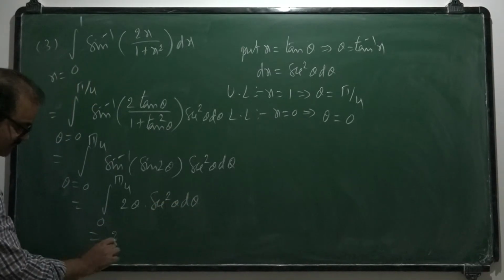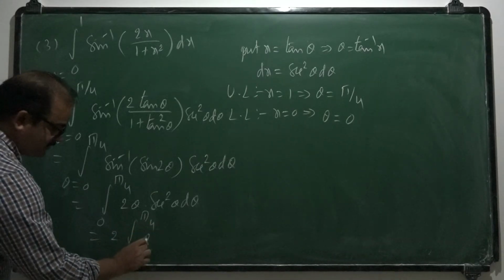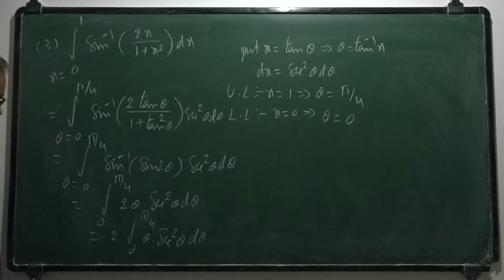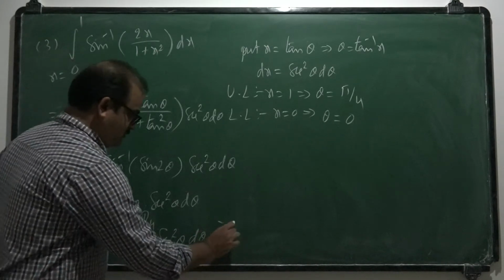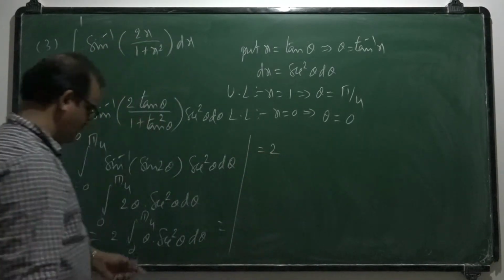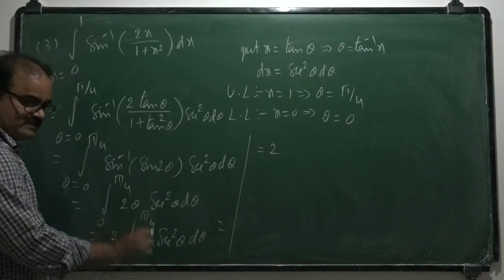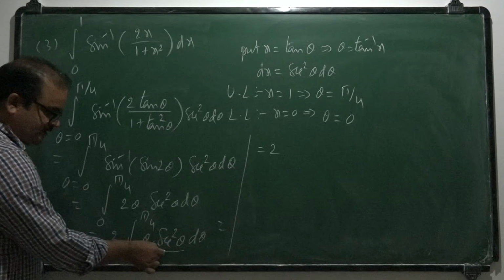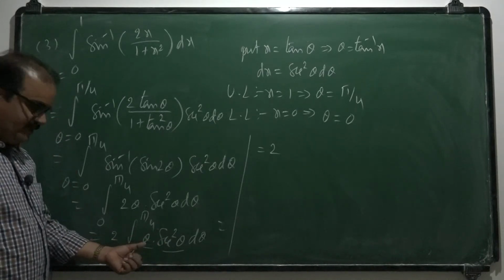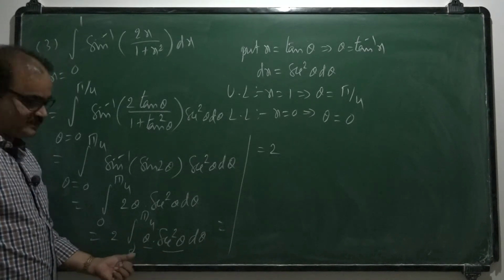2 is constant. Integral 0 to pi by 4 theta into secant square theta into d theta. Here it is the product of two functions. What is the first function? Theta. What is the second function? Secant square theta. To find the integral of a product of two functions, we apply integration by parts.